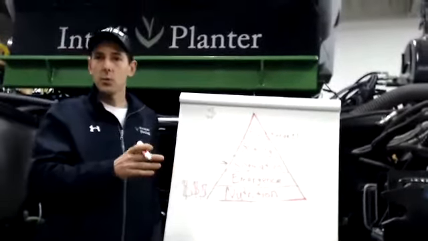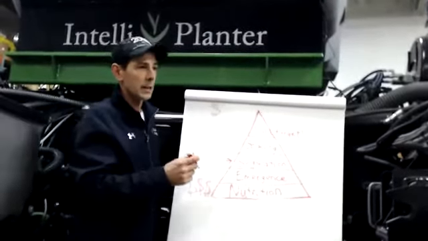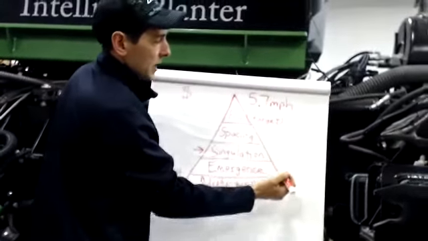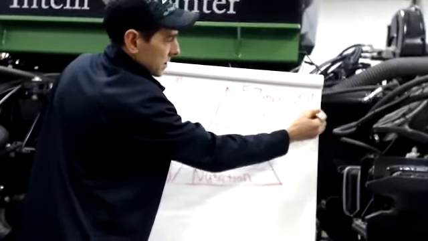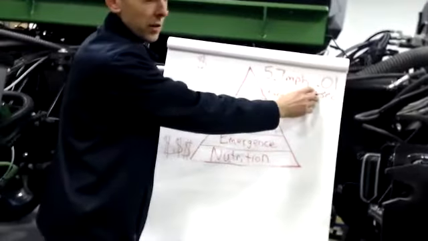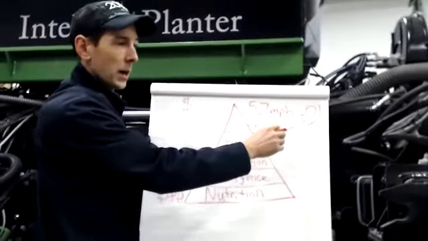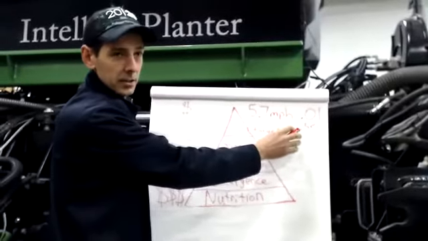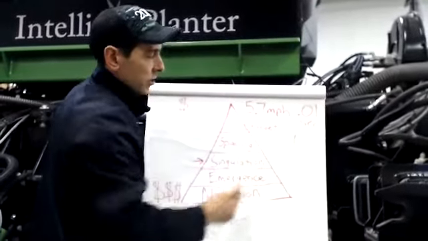One other statistic I will throw out there that is really an eye-opener to me is that at 5.7 miles an hour, a 1/100th of a second hesitation by your meter, or by a ricochet off a seed tube, is 1 inch on the ground.